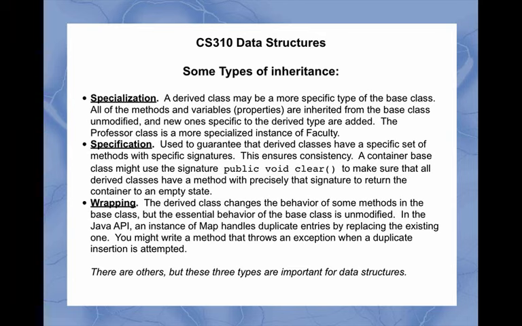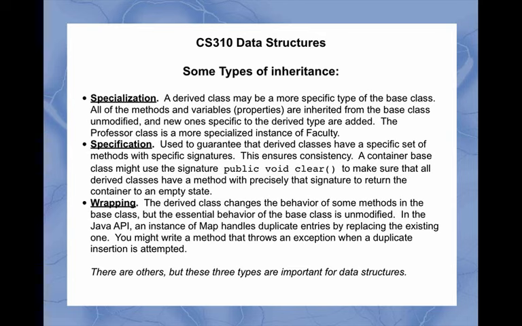And so the way this gets handled can vary. In the Java API class Map, it works by overwriting existing ones. Thus, if you try to insert a new record and it's a duplicate, it will overwrite the one that's in the map now with the new record. This may not be the behavior you want.